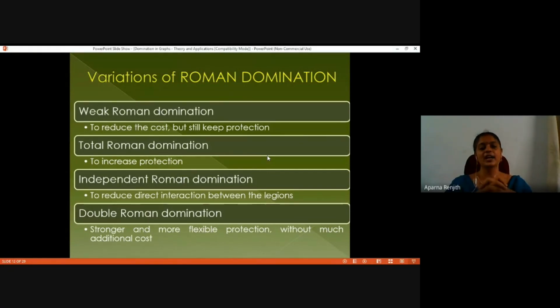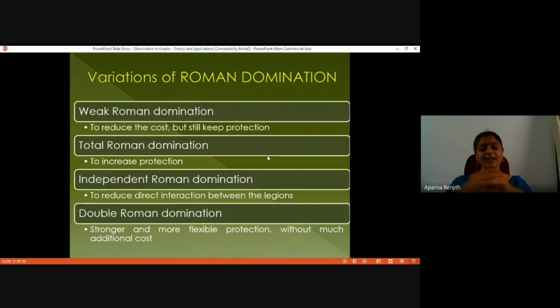Such a concept gives birth to the new parameter, weak Roman domination number. So here the protection level is kept, but the cost is minimized since the number of army units can be reduced. But as you know, the strategy of the Roman Empire failed. So in fact, we need to strengthen that protection.